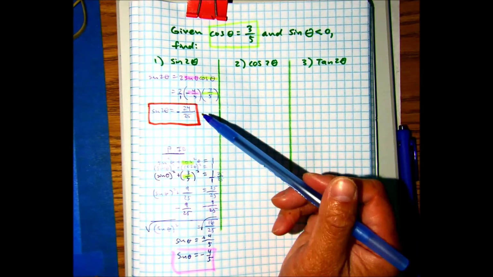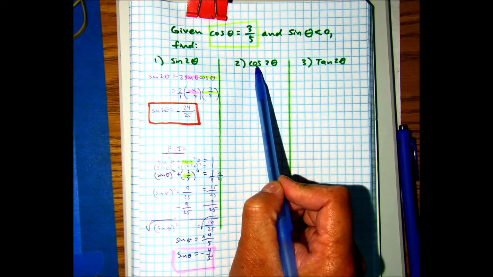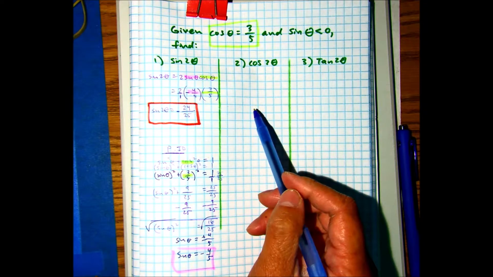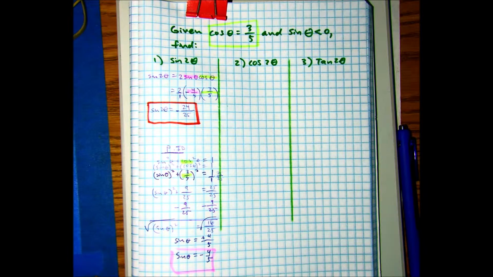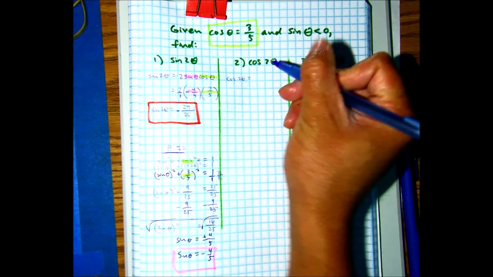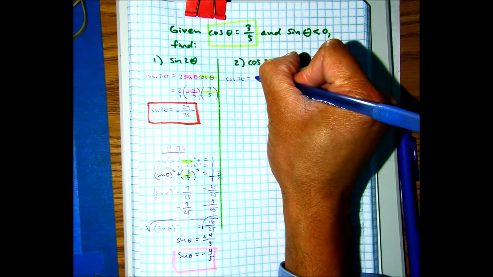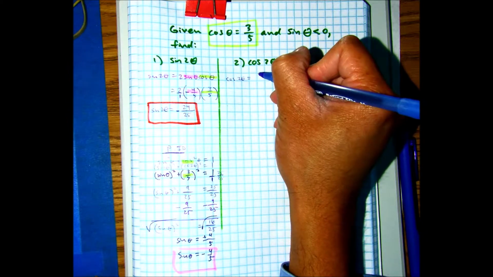So now that we have that information, let's figure out the double angle of cosine. Sean, which double angle identity for cosine do you want to use?